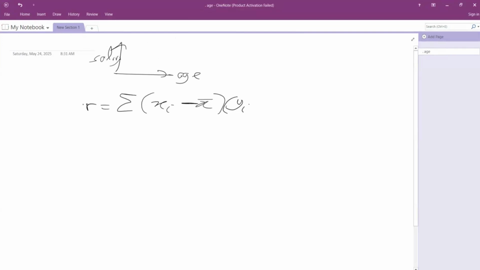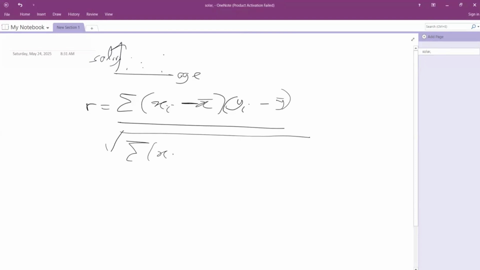So the equation is: R, Pearson's correlation coefficient, equals sigma of (xi minus x bar) times (yi minus y bar), divided by the square root of sigma (xi minus x bar) squared times sigma (yi minus y bar) squared.